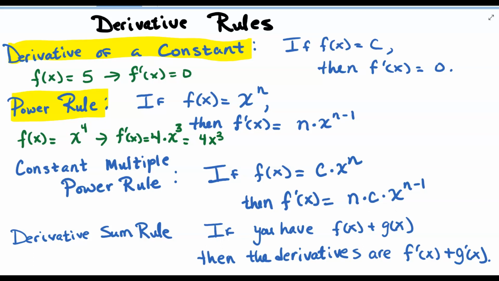What about the constant multiple variation of the power rule? Well, that's not too difficult either. If you've got the hang of the power rule, then this one is an easy one too.